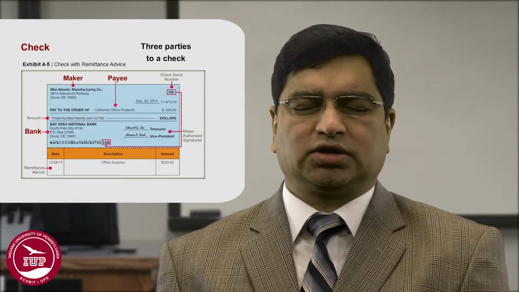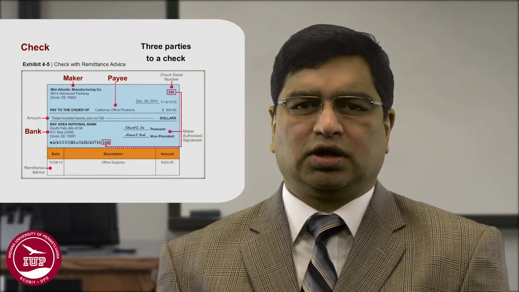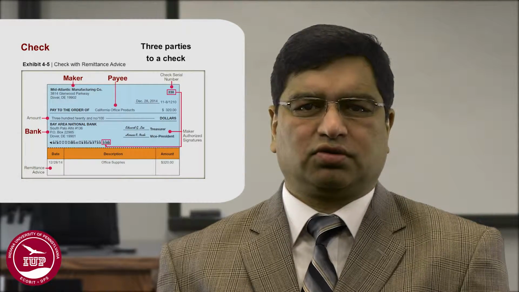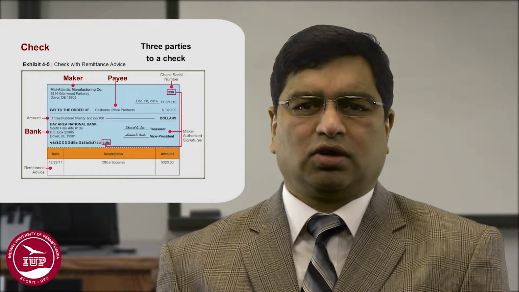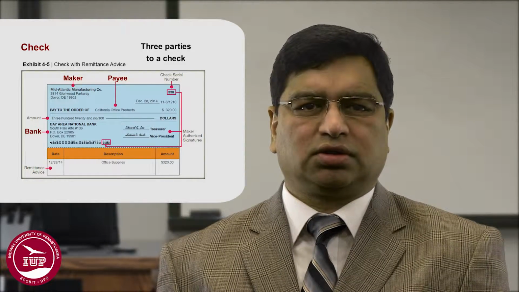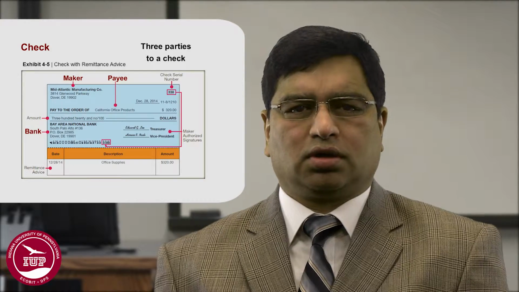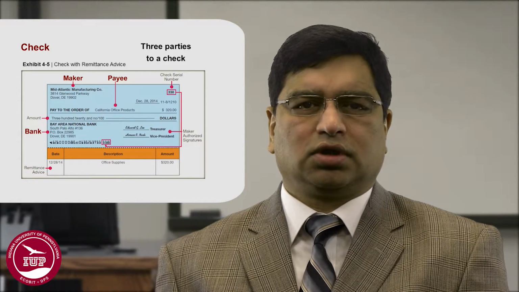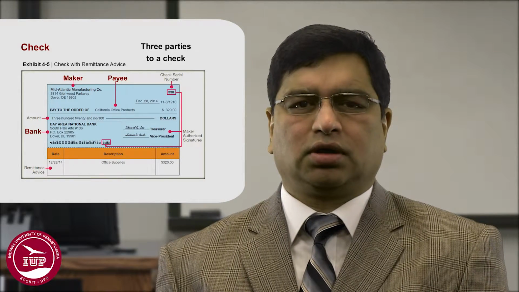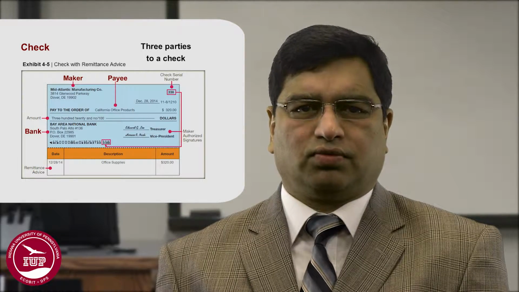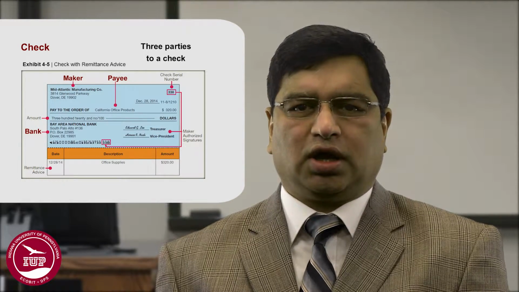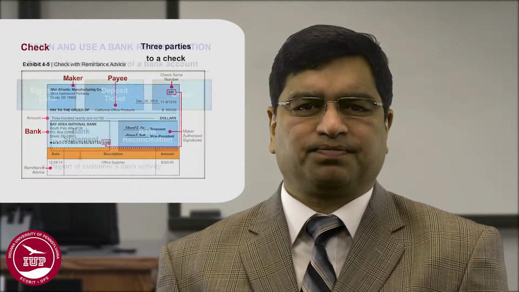You've got the payee, that is to whom the check is being paid. There's this check serial number which controls the order in which the checks are being written. You've got the bank with which you have the account, which is sending you the bank statement, and then you have got the authorized signatories.